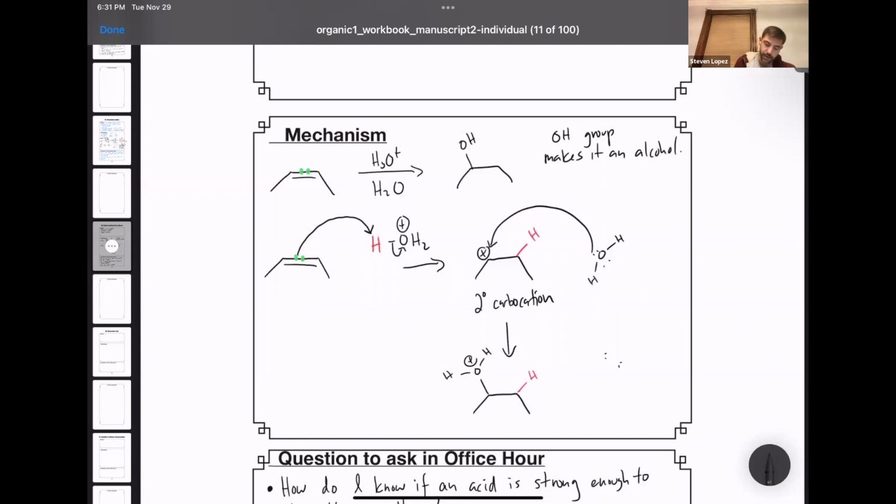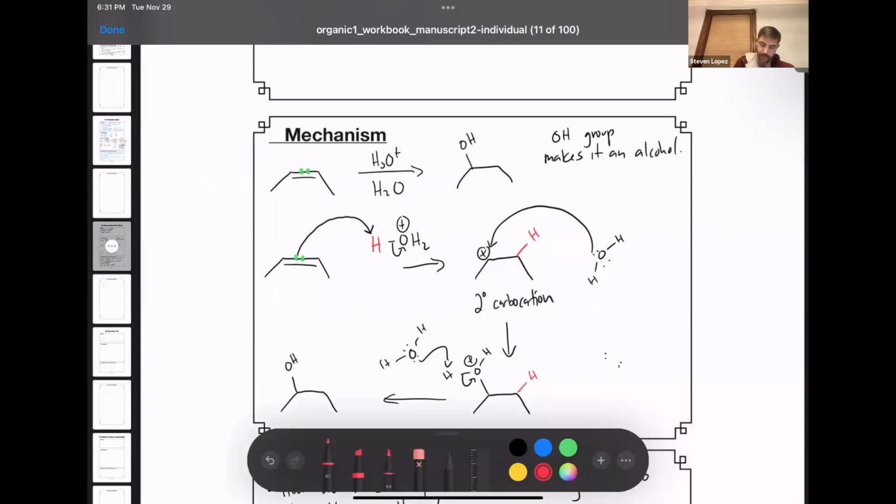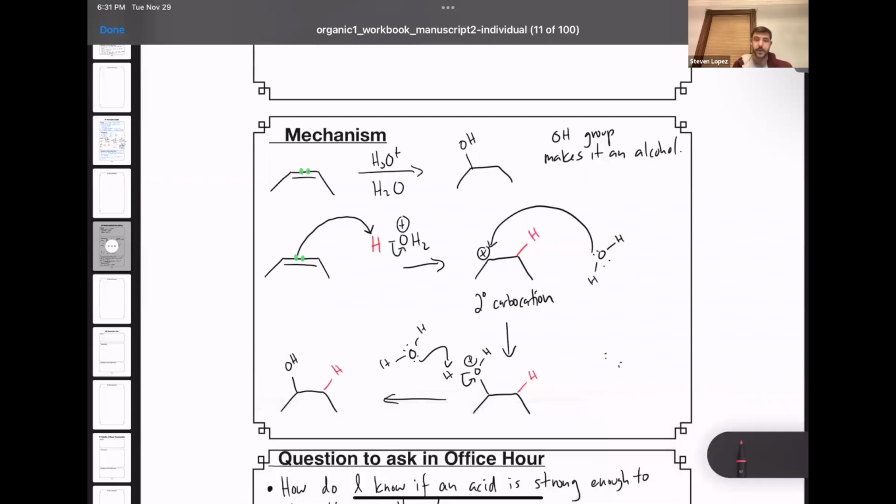So another water molecule can come and deprotonate that hydrogen, kick the electrons back onto oxygen, and form the product, which is the alcohol from the original reaction scheme.